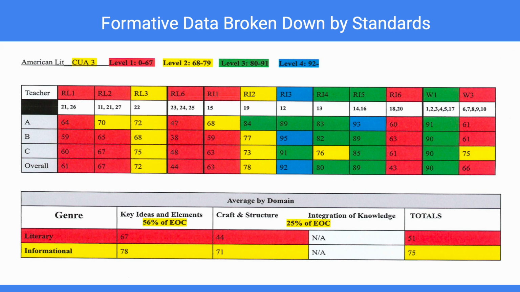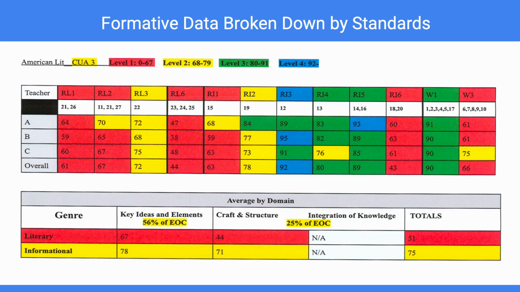So for teachers A, B, and C, most of their students have mastered standards RI3, RI4, RI5, and W1. So they can totally check those off their list. And teacher C is very close with his students at 76% mastery of RI4. So he's very close. But I thought it was interesting that teacher A's students were able to check off RI2 as well.